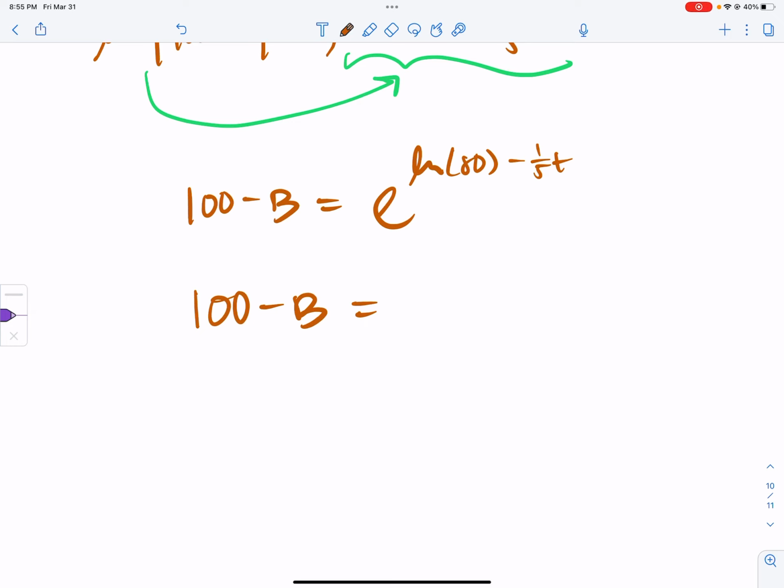So let's do this in 2 steps: e to the ln of 80 times e to the negative 1/5 t. And then notice, this is just 80.